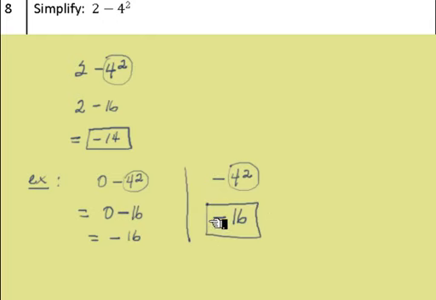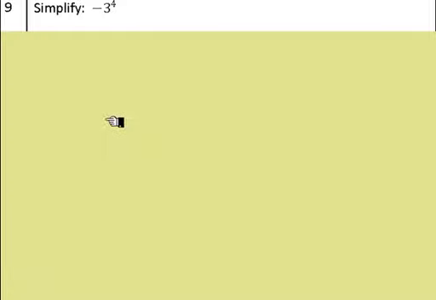If we wanted to square negative 4, all right, that would be another example. To square negative 4, we would write it like this. We would write the negative 4 in parentheses, and then that would be equal to positive 16. We saw in the previous example that minus 4 squared is equal to minus 16.